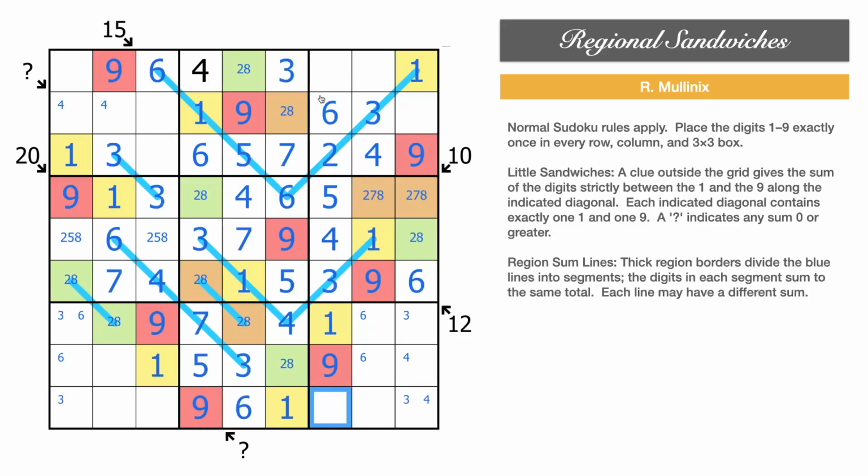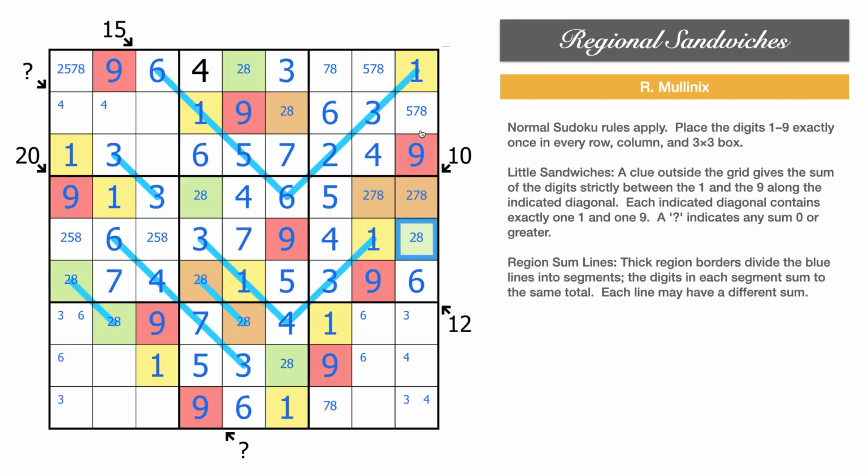What's over here? 8 and something. 8 and 7. 2, 7, 8, 5. That's not 2. 5, 7, 8 over here.